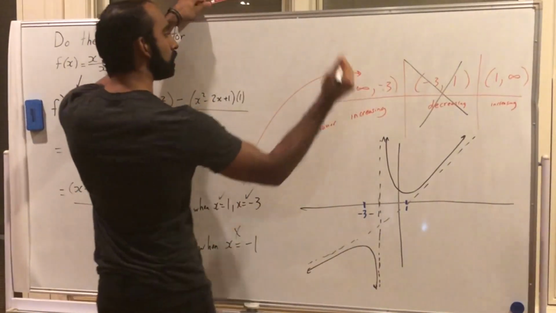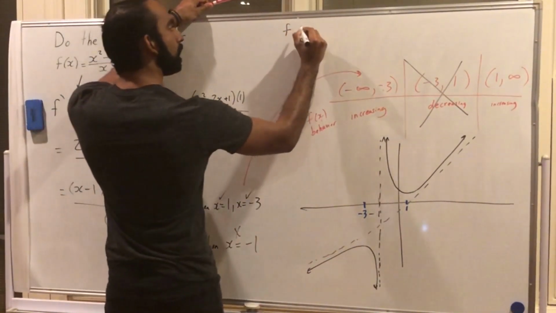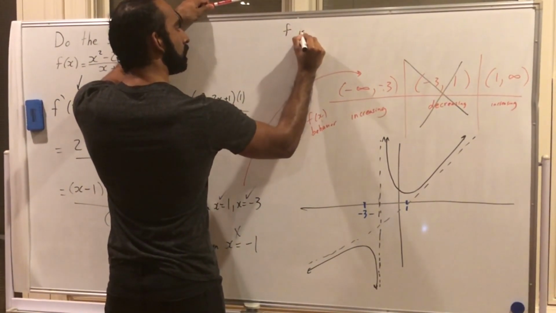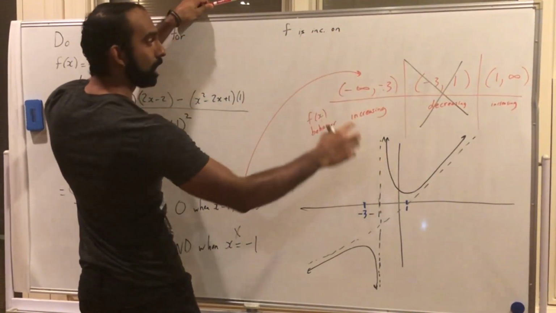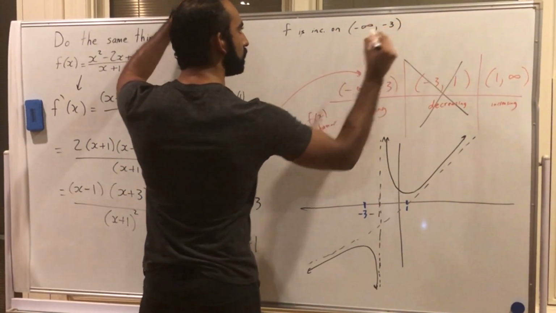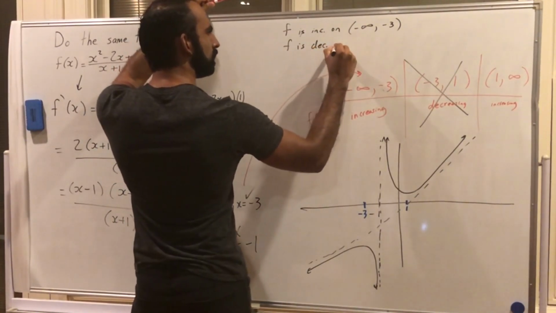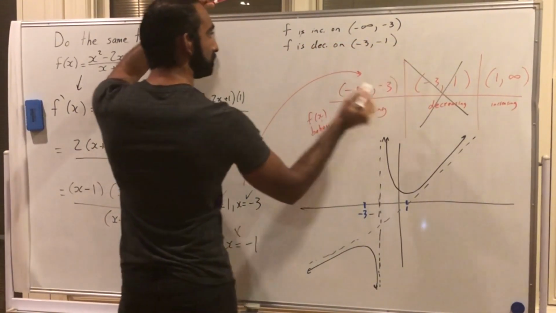We would phrase it as so. F is increasing, going left to right, on negative infinity to negative 3. F is decreasing on negative 3 to negative 1.